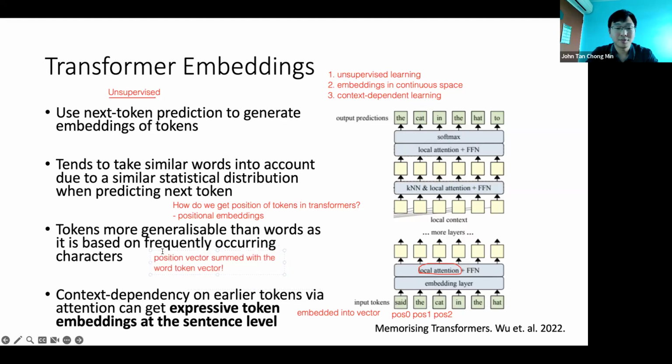Let me give you my graph on this. I'm not happy with this. If you sum up the position vector with the word vector, what happens is that you may lose the meaning of the word. So this is not a good way to do it.